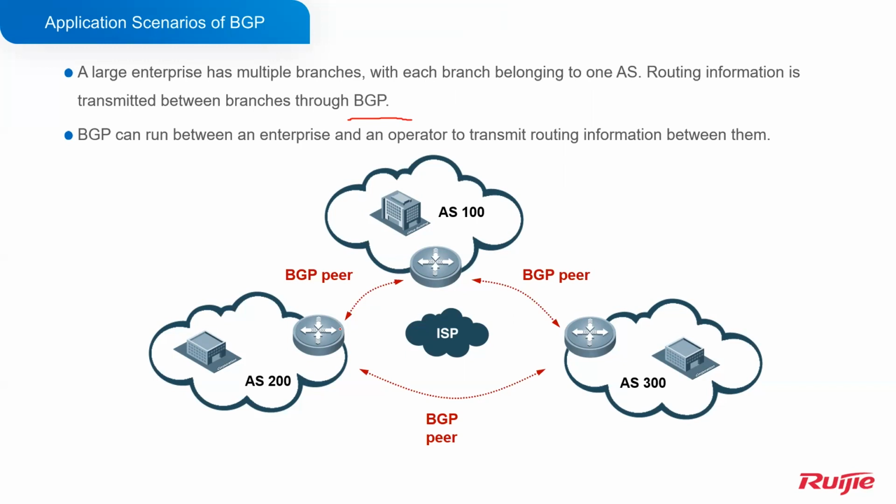In the next part, we will explain the principle, how to establish a BGP neighbor, how to transmit the routing information, and then in the routing information transmission, if we have some loops, how to avoid the loop, something like this.